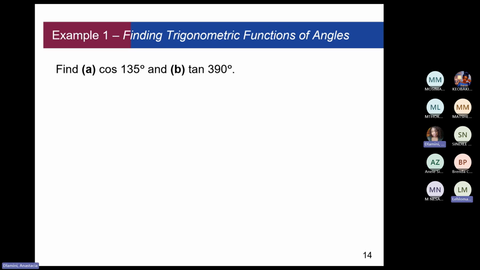May I try? Yes. Okay. Cos of 135 is the same as cos of 180 minus 45. Then the answer will be minus root 2 over 2 because cos in the second quadrant is negative. Therefore, my answer will be minus root 2 over 2.